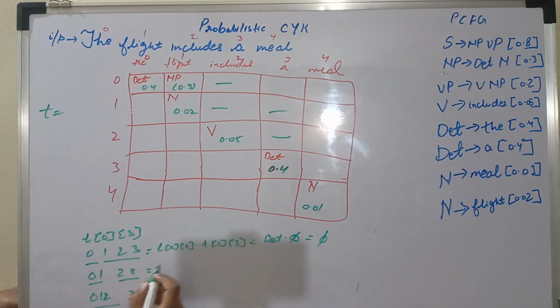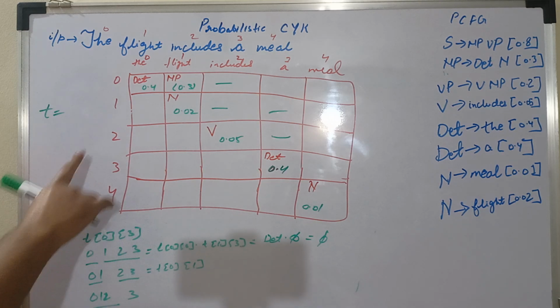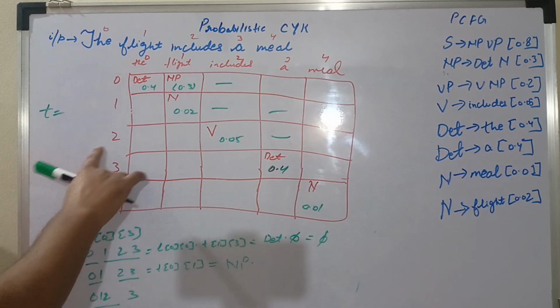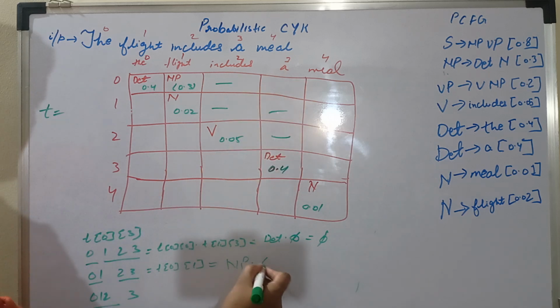Now T01 is NP into T23, NP into 5, that becomes 5 alone again.